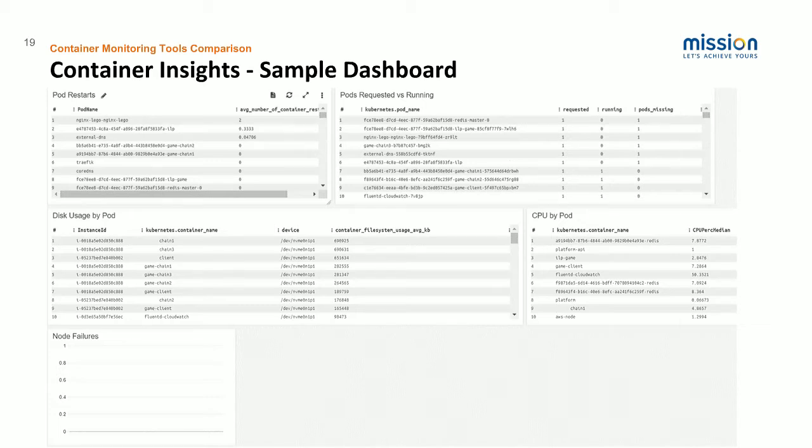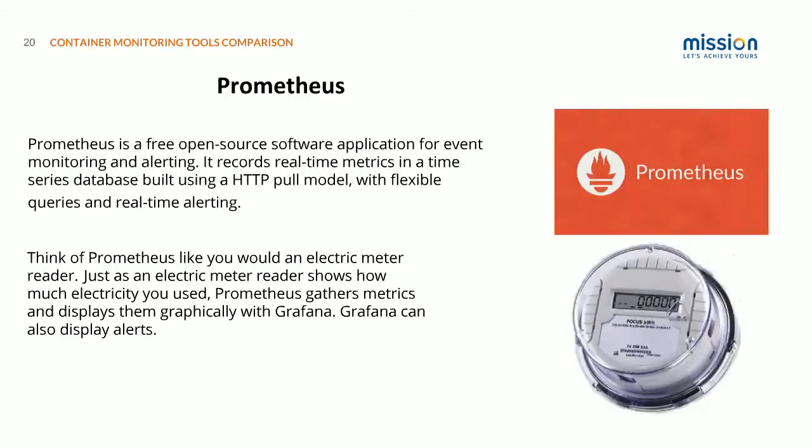The larger advantage here is the ability to integrate with existing alerting and escalation flows. So if you have some mission critical deployments and you want to be alerted every time the pod restart count goes over a particular threshold, it's very easy to configure within the standard CloudWatch GUI. And with that, I'm going to turn it back to Luke for the Prometheus section.